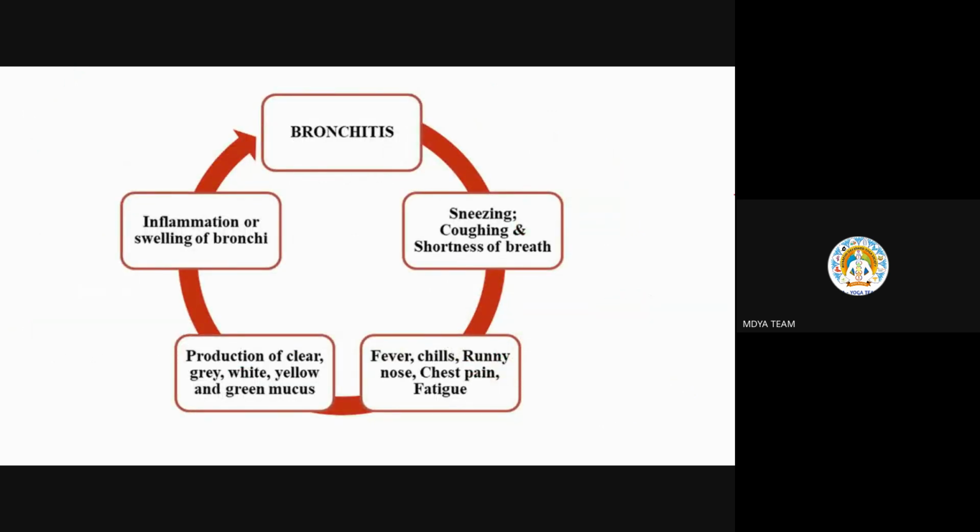Now bronchitis, this is the whole thing we have studied. We have written this in this cycle itself, like sneezing and coughing, shortness of breath, fever, chills. What is chills? It is to maintain homeostasis in the body whenever there is a cold. At the last slide I have written the whole definition of chills, you can see there.